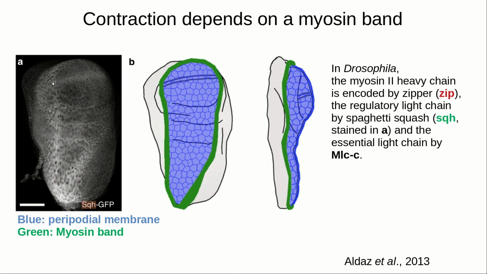Okay, so here you see the same thing. Here's just to show the myosin band, which can be visualized here at the lateral part of the peripodial membrane.